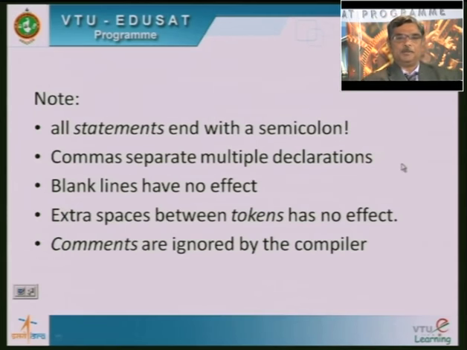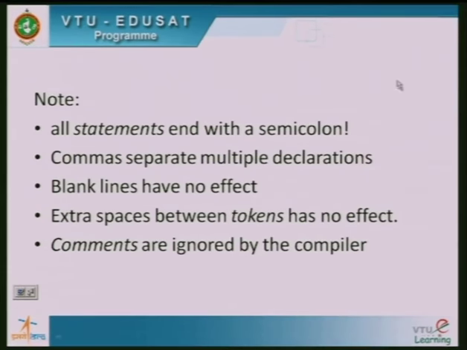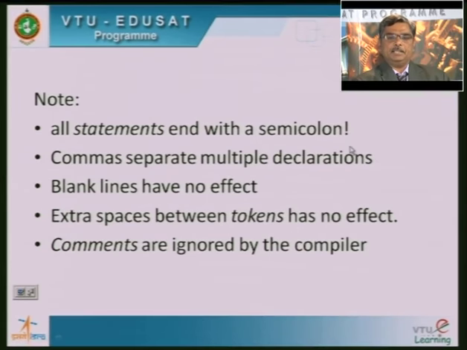Note, now you have understood so many statements. Using these statements you can write your own programs. All statements end with a semicolon in C. After writing every line, you should end with a semicolon. Commas separate multiple declarations, for example int a, b, c. So variable a is also integer type, b is also integer type.